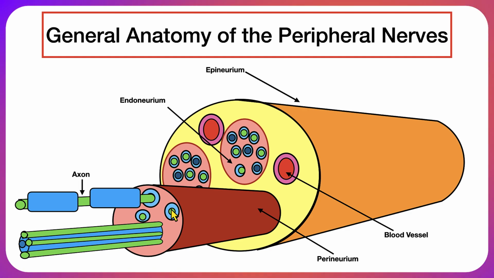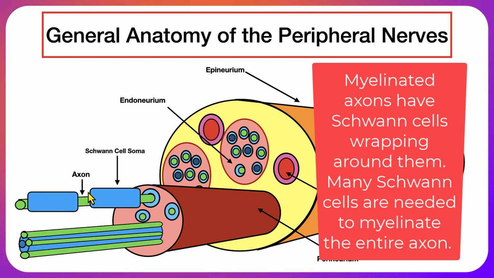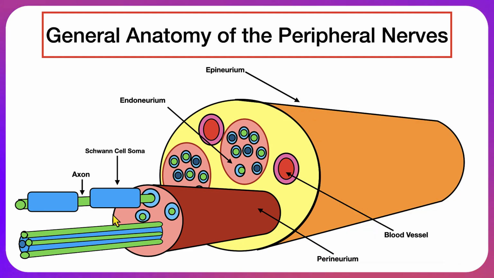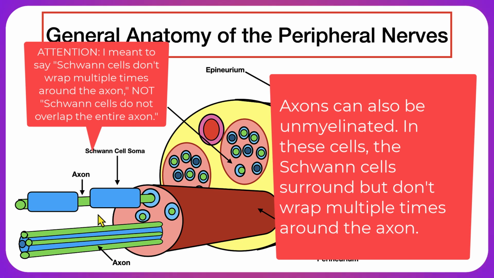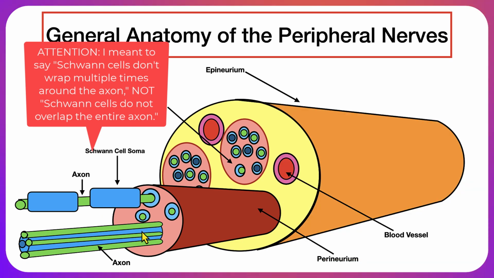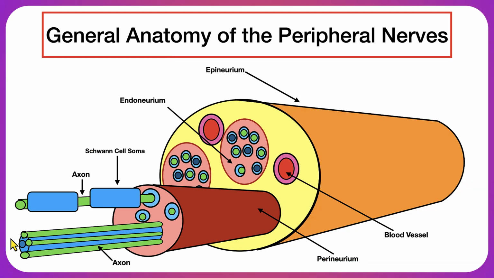This right here is a figure of a myelinated axon, where we see the axon surrounded by Schwann cells. Now, we can also have unmyelinated axons, which are shown here. These unmyelinated axons also associate with Schwann cells. However, the Schwann cells do not overlap the entire axon. So these are unmyelinated axons, these green rods here. So this is basically the general anatomy of peripheral nerves in the peripheral nervous system.